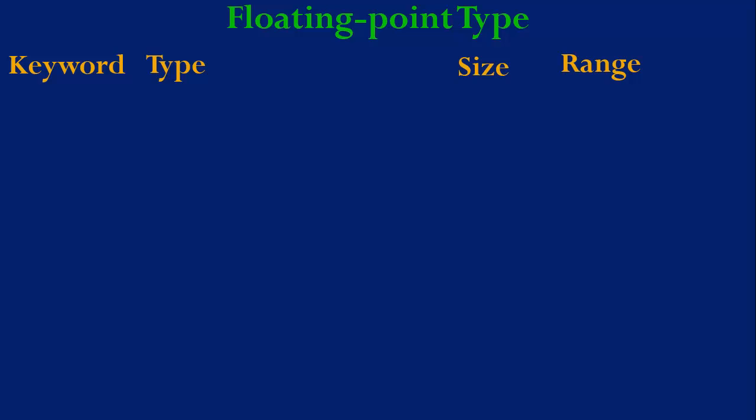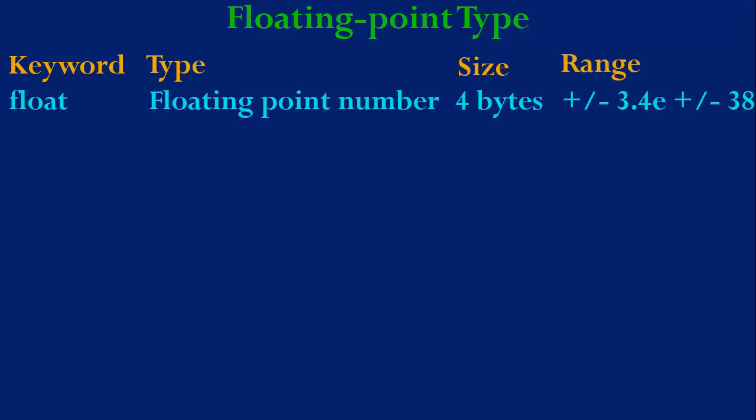The next data type category that we discussed was floating point type. The first data type in the floating point type category is float. Float is a floating point number, size of 4 bytes, and has a range of plus or minus 3.4 to the power plus or minus 38.